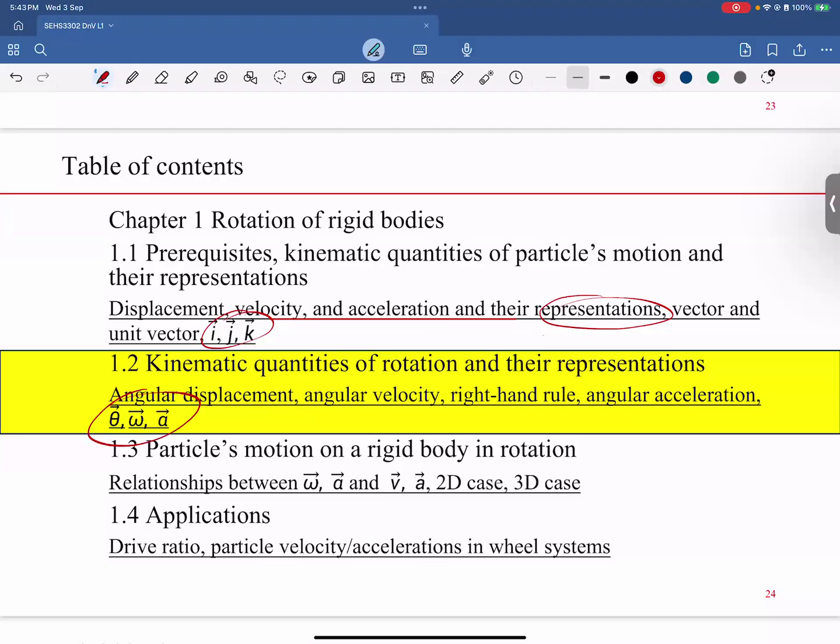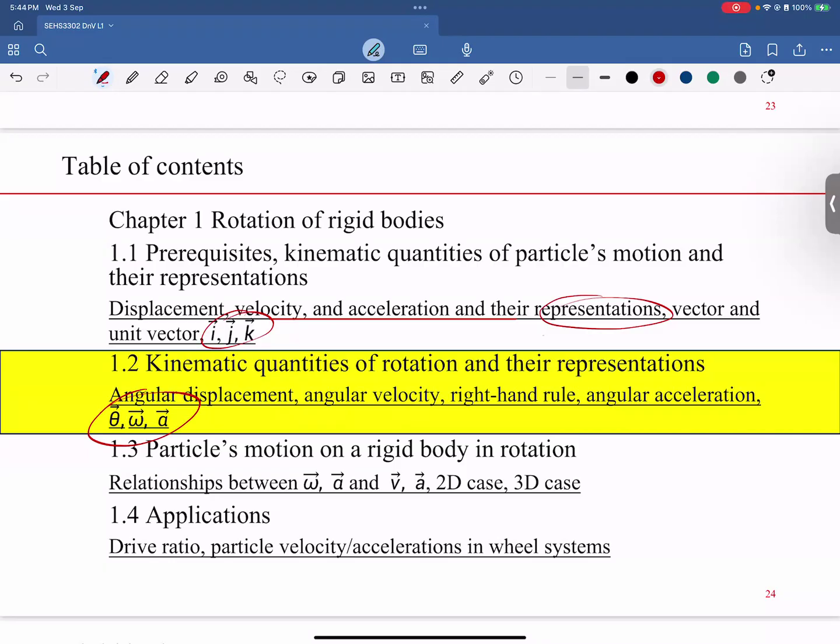I mean, the motion of a rigid body. It's not a particle anymore. A particle has no volume, no size, right? Just a point. So we cannot see this particle rotate, right?